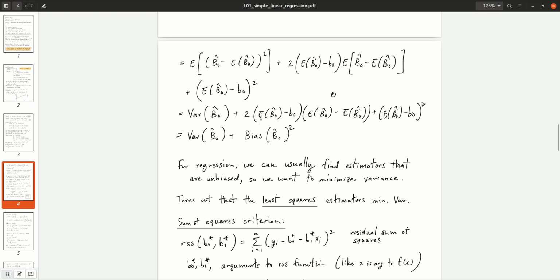And then if you stare at this term, that's non-random, and this is 0. So something times 0 turns out to be 0, and then you have this thing left.